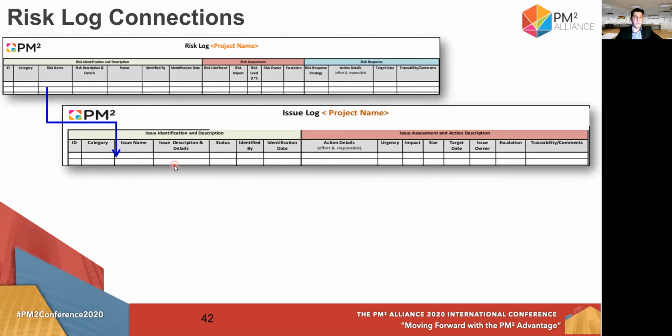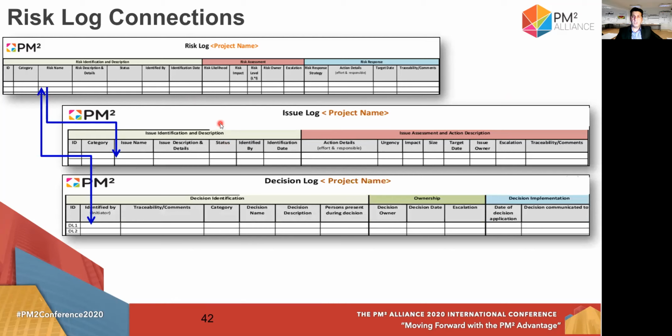And also, if a risk requires a decision to be made, for example, to implement a response or to use more money or more time for this risk, then you have to connect the risk to the decision log. Or maybe a decision that is being made might create a new risk. It is a ripple effect. So you have to connect this decision with the risk log.